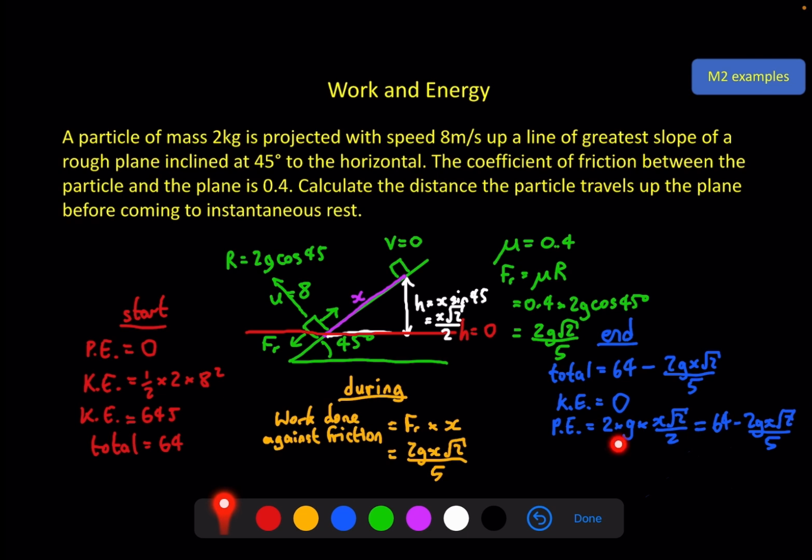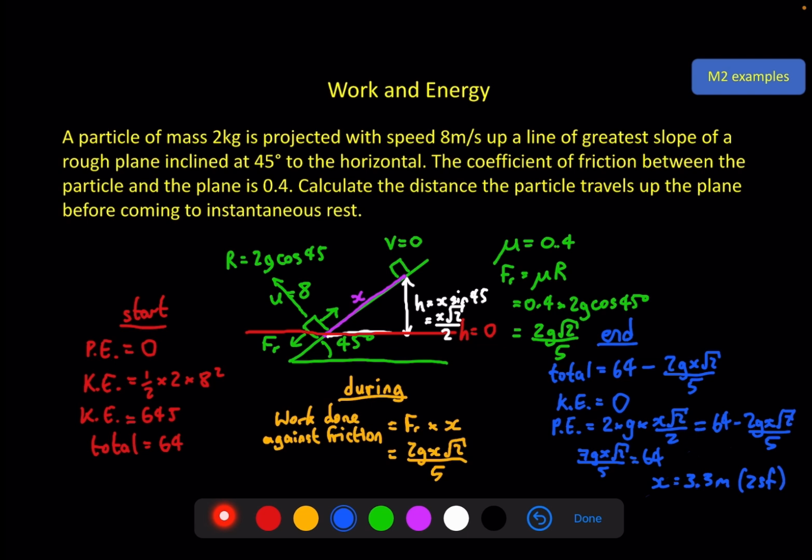So on the left we've got 2gx root 2 over 2, and then if we bring this over and we add 2gx root 2 over 5, gives us 7gx root 2 over 5 is equal to 64, and a final value for x, 3.298... or 3.3 meters to two significant figures.